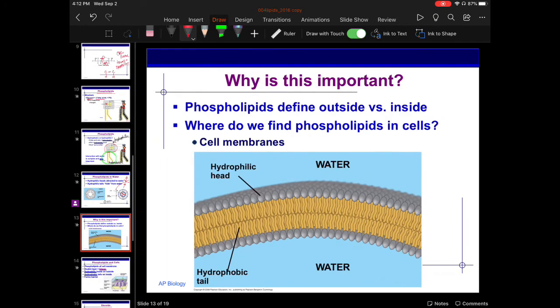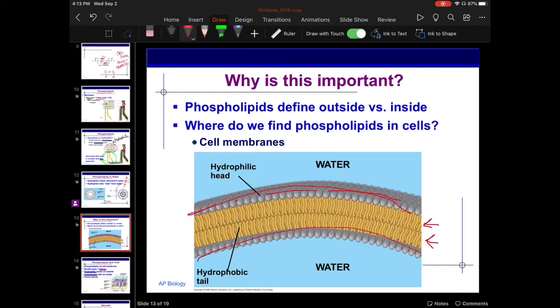So here is a picture of a cell membrane. Again, we have tails and tails facing each other because remember, they're hydrophobic and humans are full of water. So there's water on the inside, there's water on the outside. So they automatically orient themselves so that the hydrophilic, the water-loving heads are facing the water, and the water-hating tails are in the center.